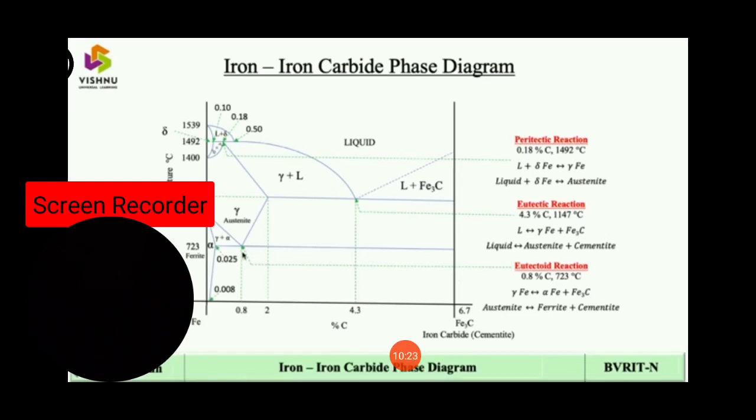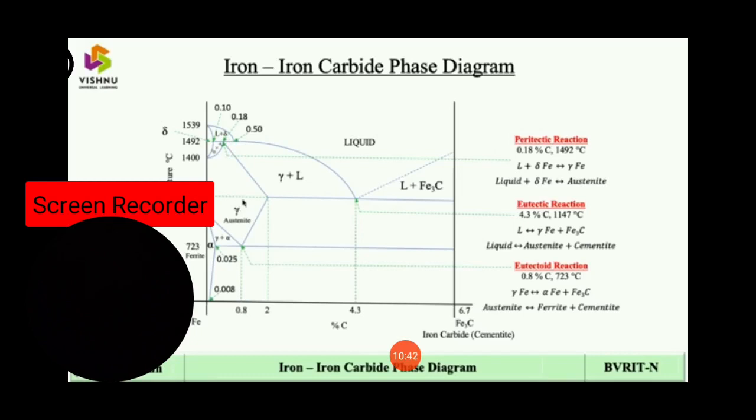So this is what you are supposed to remember. Simply three invariant reactions. One at 0.18% of carbon, which is a peritectic reaction at 1492 degrees centigrade, wherein you have liquid plus delta iron transforming into austenite.